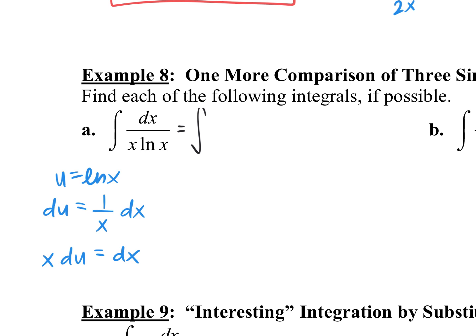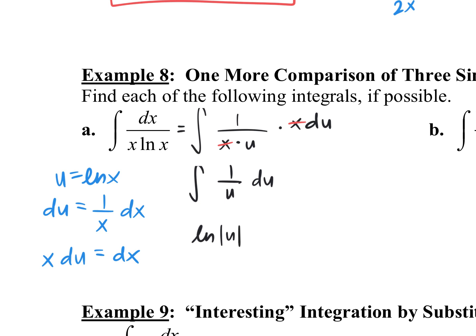So I've got 1 over x times u times x du, in which case those x's go away. And I have my integral just in terms of u. So 1 over u du, what's that going to equal? Natural log of u plus c. And then we just got to plug in my u value. My u value is natural log of x. So I've got the natural log of x plus c.